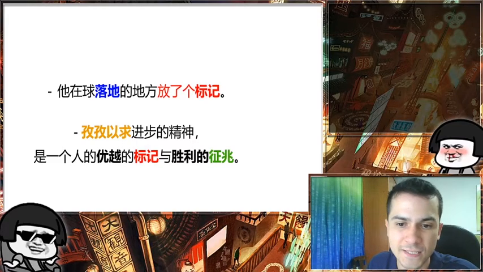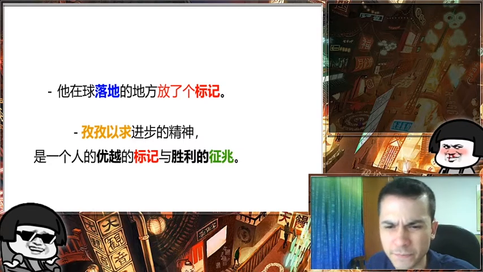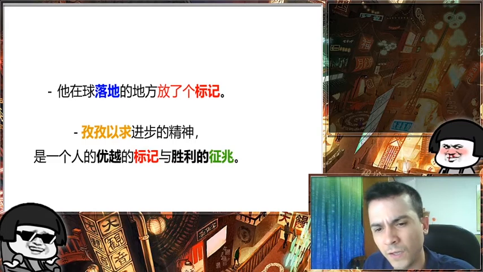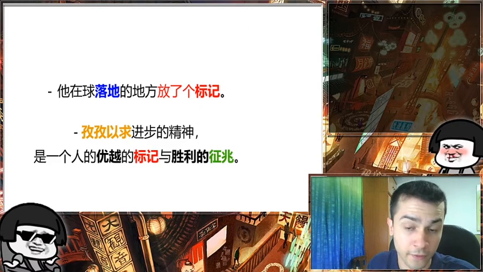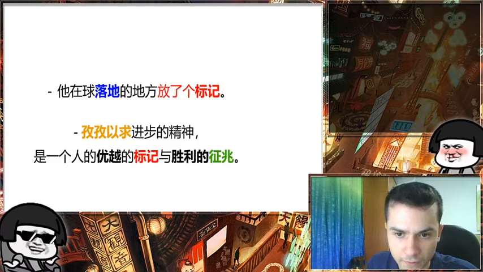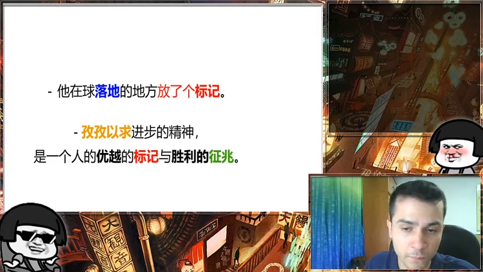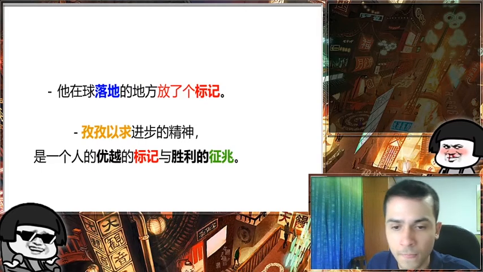Okay, so 孜孜以求进步的精神. 精神 means mindset, the way you think, the way you go about things, right? So here it says 进步, we know 进步, which means progress or improving, to improve.